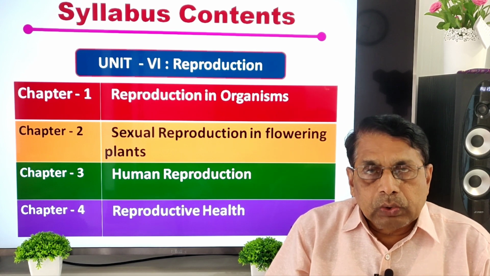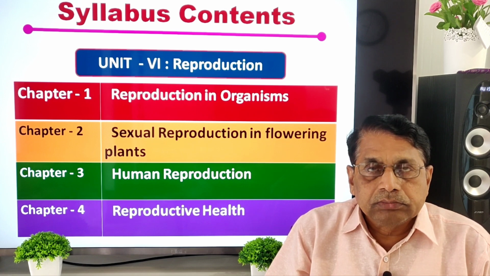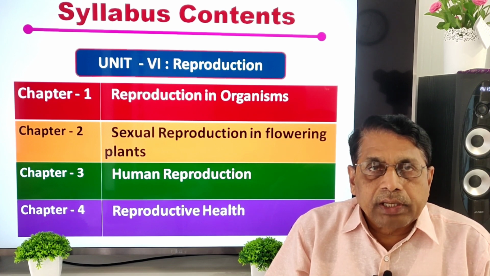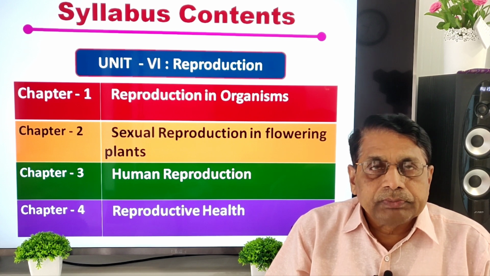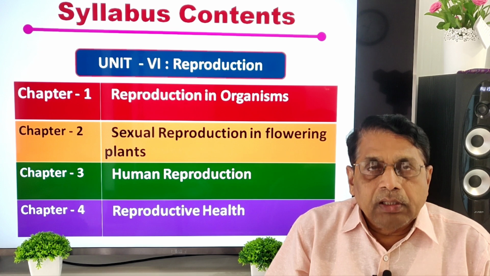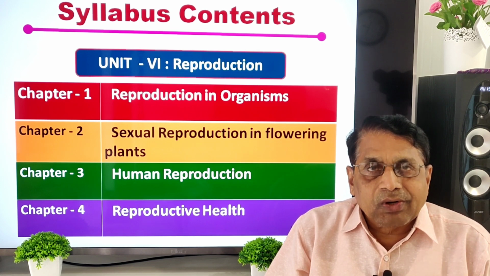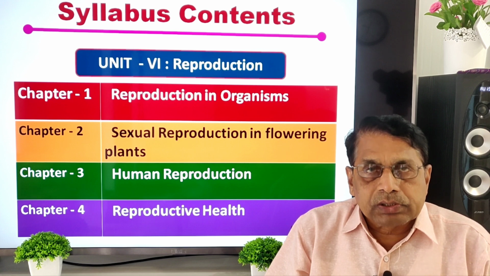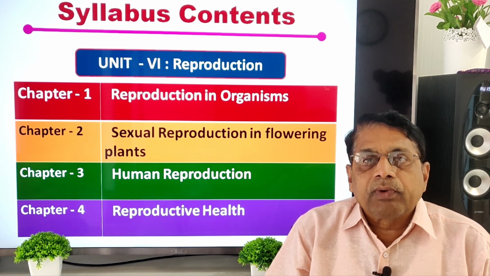The flowers include accessory organs like perianth, calyx, corolla. The male sex organ is the androecium, and the units of the androecium are stamens. The female sex organ is the gynoecium, and the units are carpels. Inside the carpels is the ovary, and inside the ovary there are ovules, containing the female gametophyte.